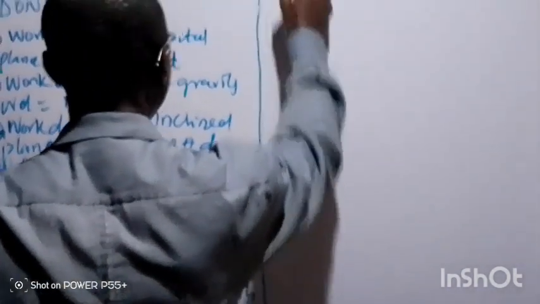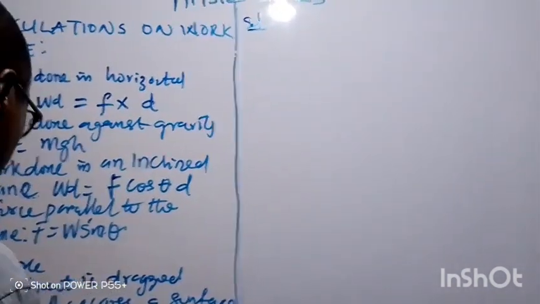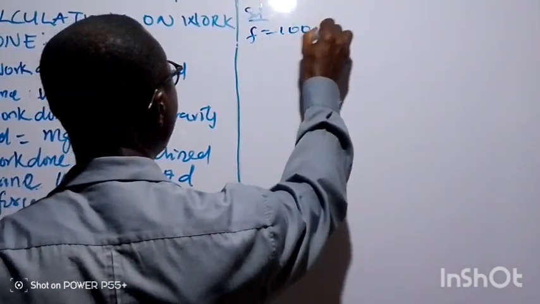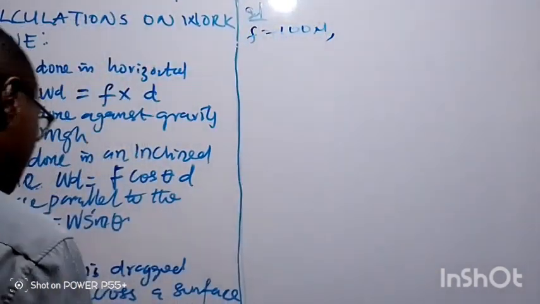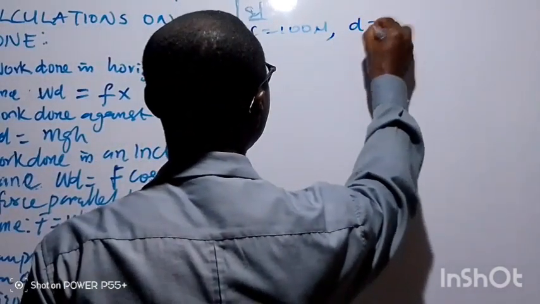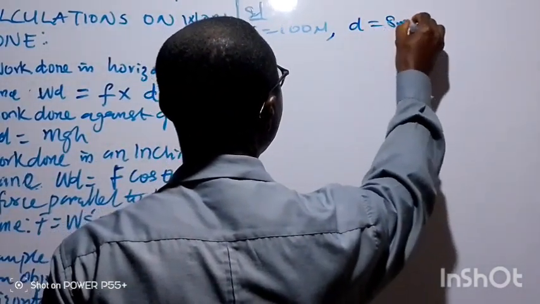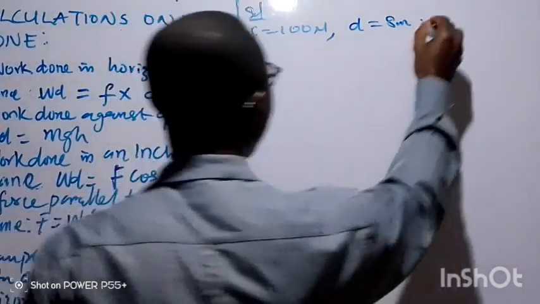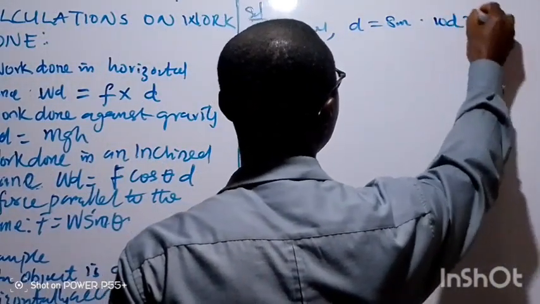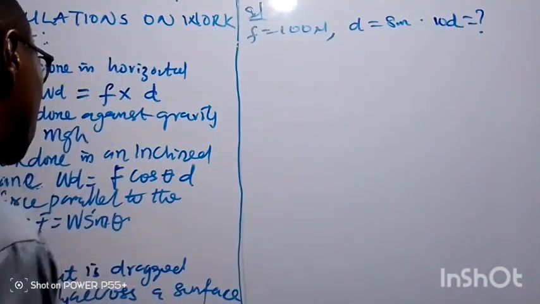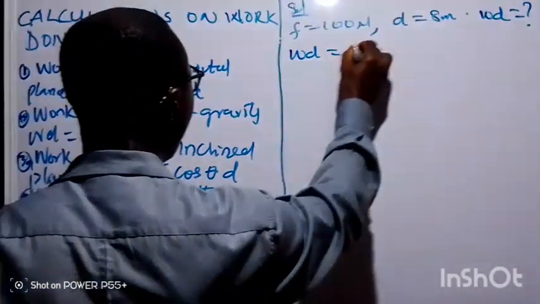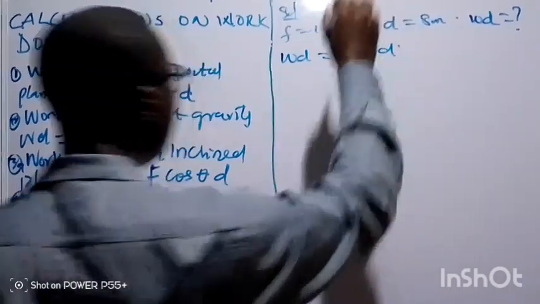Solution to this one. The parameters given: force is given, F is equal to 100 Newton. Distance is given, D is 8 meters. The question asks us to calculate the work done, WD. Work done will be equal to force multiplied by distance.